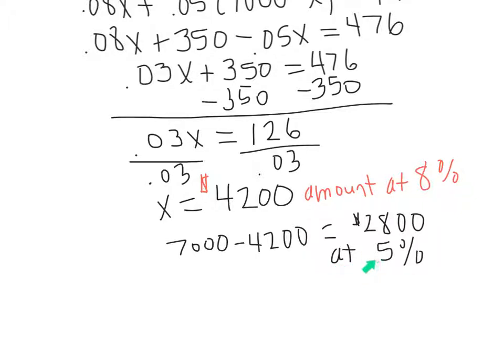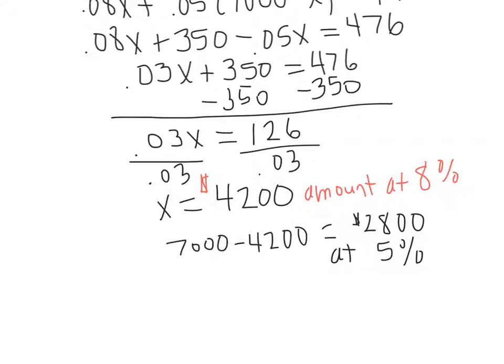So to do a check on this, we can go back up to the interest column and put in 4,200 and figure out the interest at the 8%, and then put in 2,800 and do the interest at 5%. So basically we're doing 0.08 times 4,200, 0.05 times 2,800.